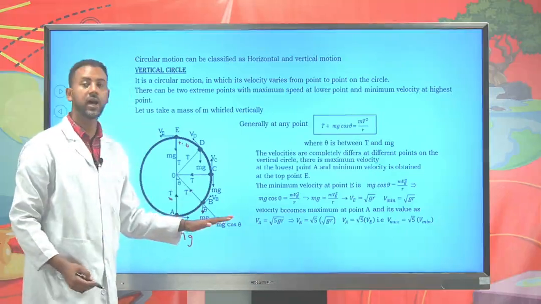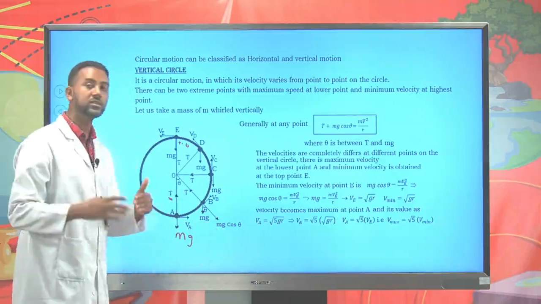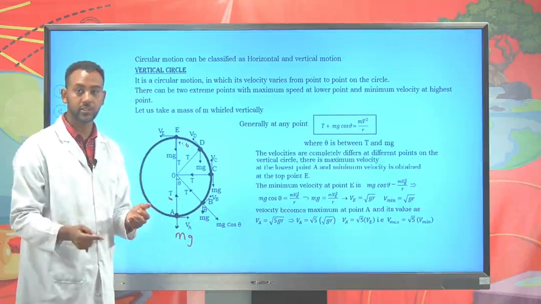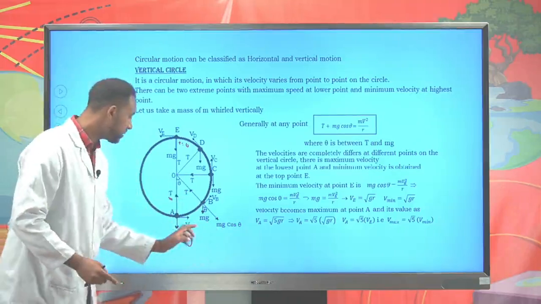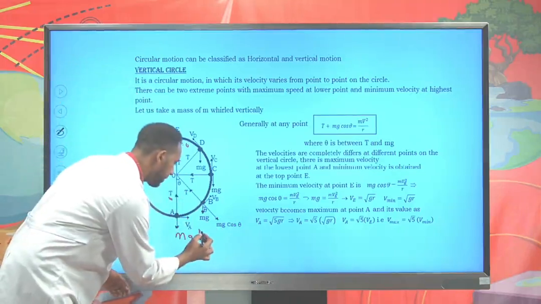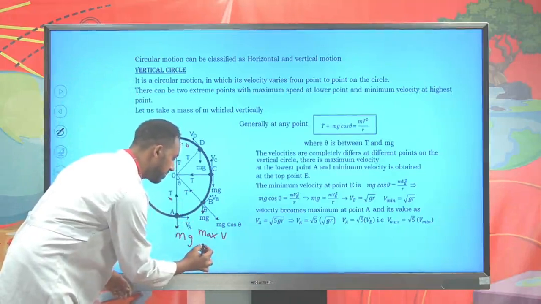This particle in a vertical circle has a different velocity at every point. The velocity changes both in magnitude and direction. At this point, we have the maximum velocity and maximum tension.